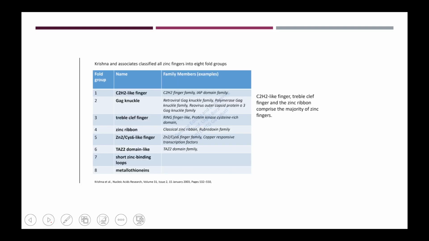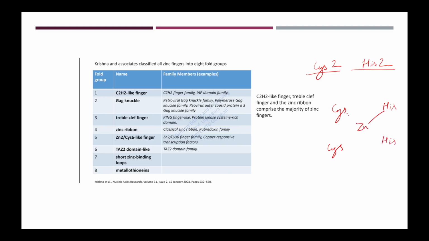Okay, so this is the classification that has been done. It is a C2H2, 2 cysteine and 2 histidine, bound together with a zinc atom, which in short we refer to as C2H2 like finger.